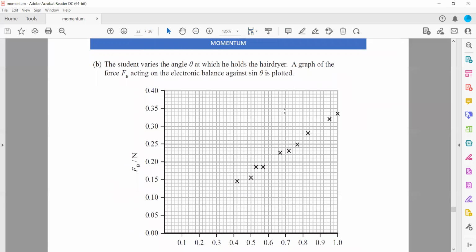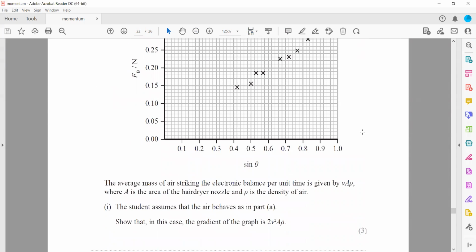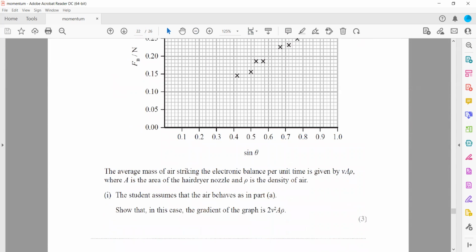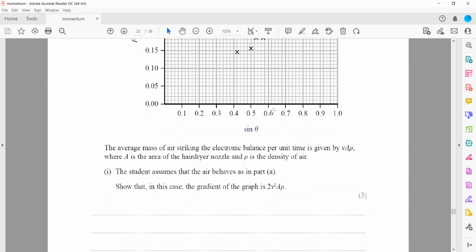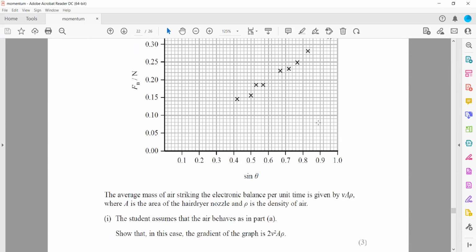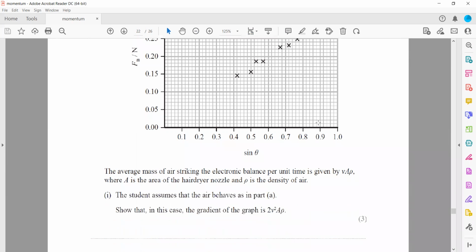The graph for force acting on the electronic balance against sine theta is plotted. The student assumed that the air behaves as in part A. Show that in this case the gradient of the graph is equal to 2v squared A times density.